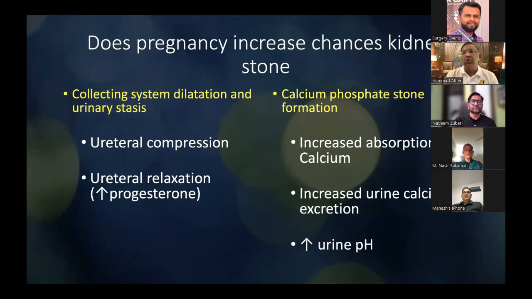Most of these stones are calcium phosphate stones, which is a consequence of high calcium excretion. And we all know that calcium metabolism takes a big change during pregnancy because of increased intestinal absorption and mobilization from the bones.